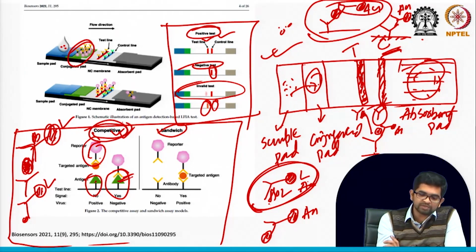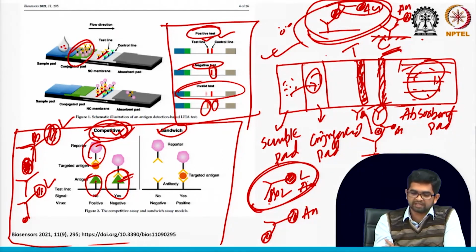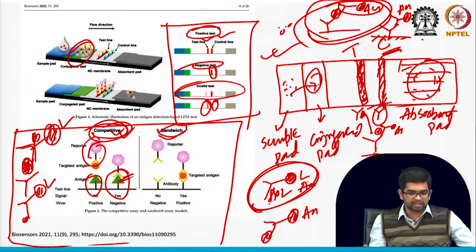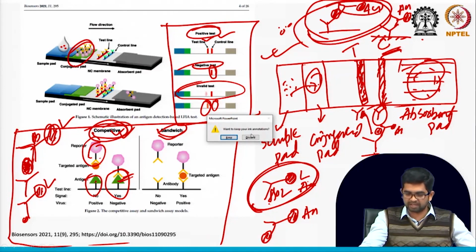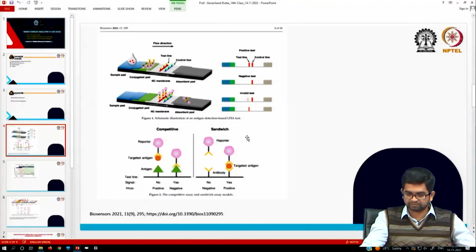So this mechanism is called the competitive mechanism, and what I told you previously, the sandwich, is the non-competitive mechanism. I can summarize this by showing you a basic example now.